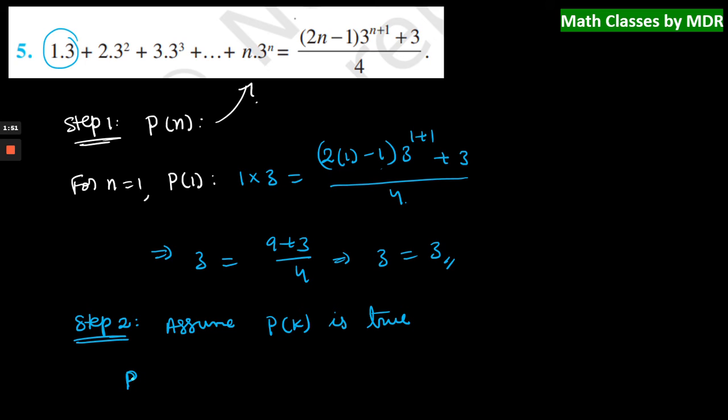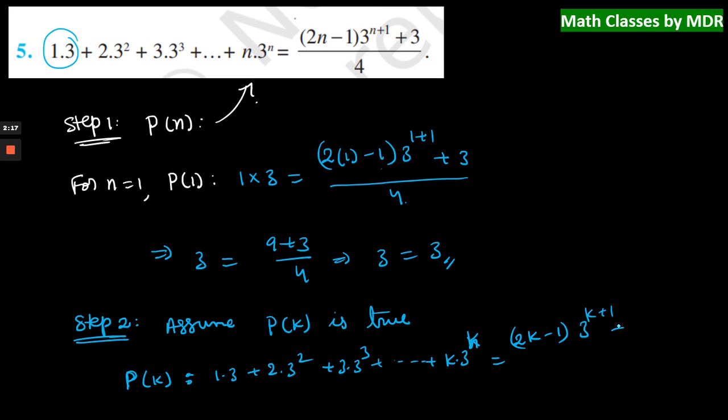P of k is 1 into 3 plus 2 into 3 square plus 3 into 3 cube plus and so on plus k into 3 to the power k. Wherever you have n, just replace with k. So it equals 2k minus 1 into 3 to the power k plus 1, plus 3, by 4. That is what we have as step 2.